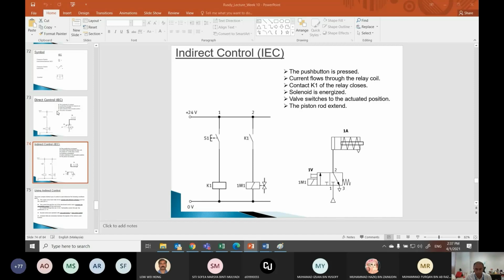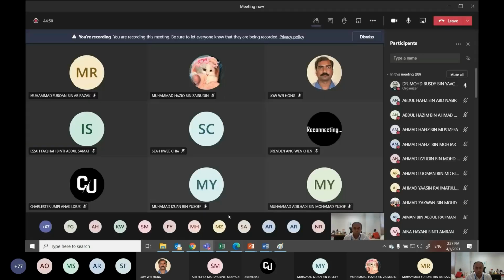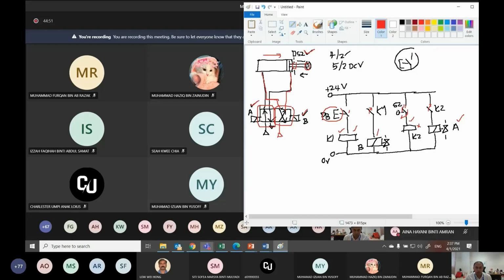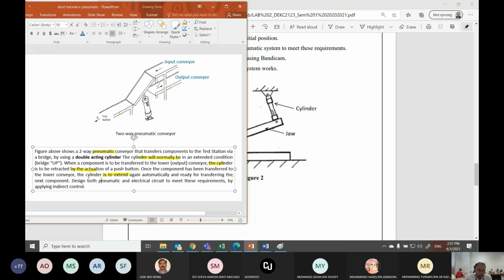Okay. Back to the same question. I think this example is not very complete because it doesn't mention the push button earlier. It's quite confusing because it just mentioned push button.